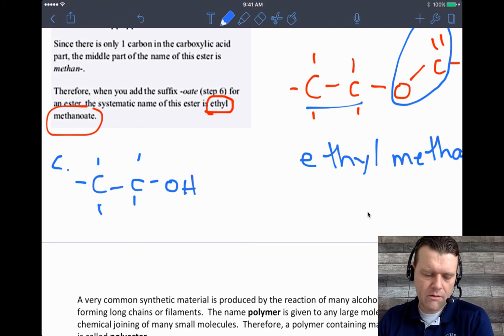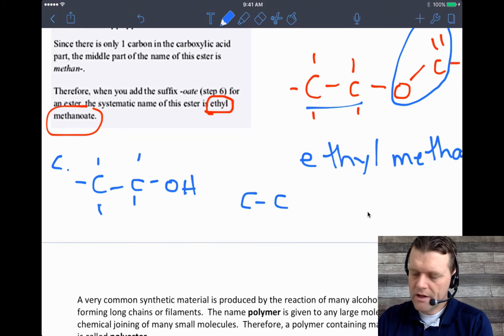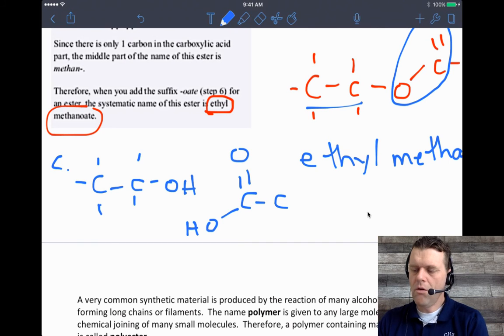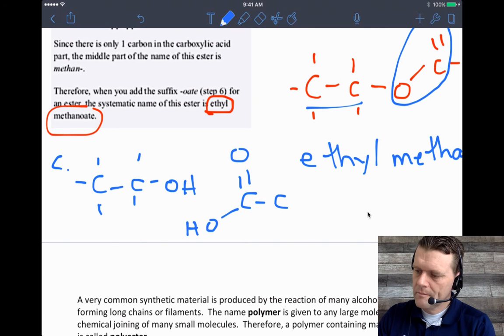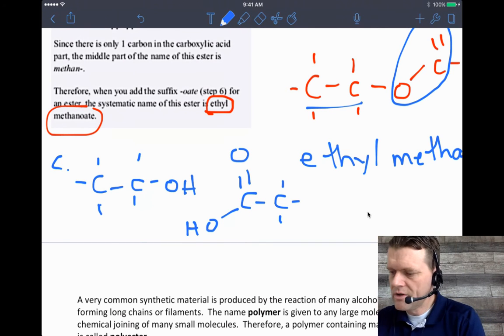So there it would be without all the hydrogens. And then ethanoic acid is 2 carbons as well, but it's going to have the carbonyl and hydroxyl group like this, the COOH on the end. And then this, of course, has the regular hydrogens.